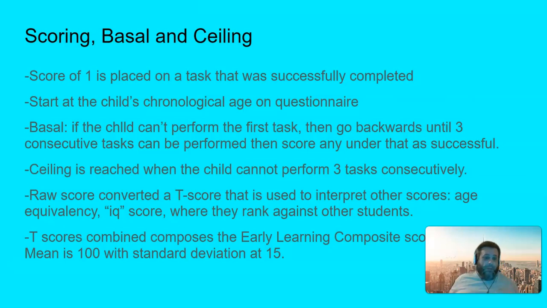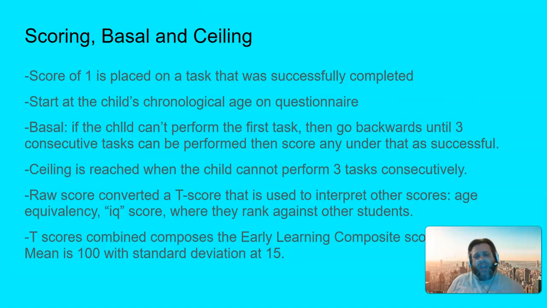Then you take all the composite scores from all the five domains they covered. Then you have what they call a T score. The mean score is about 50 with a standard deviation of 10. But then you use that to come up with an early learning composite score, or basically the total score, which you're going to use, where the mean is 100 with a standard deviation of 15.